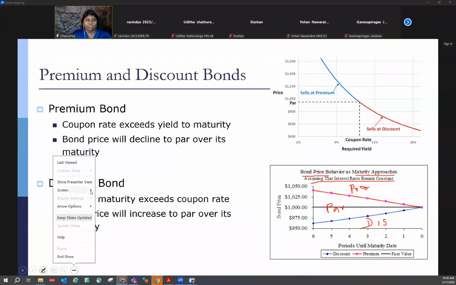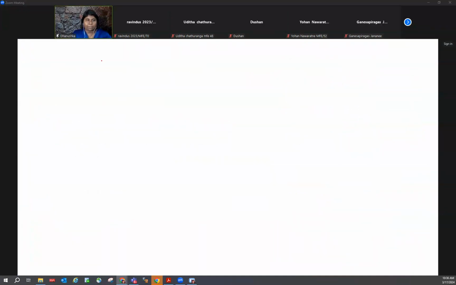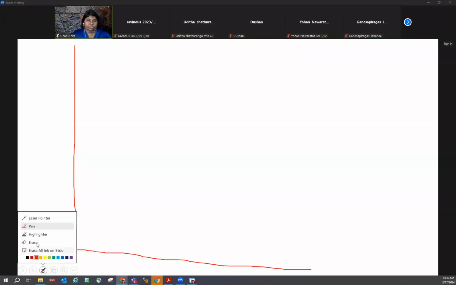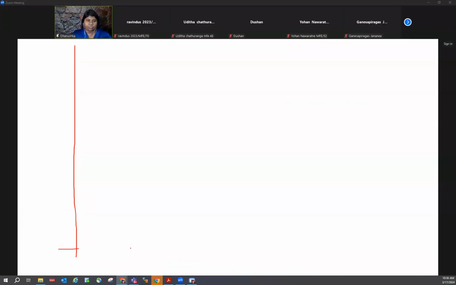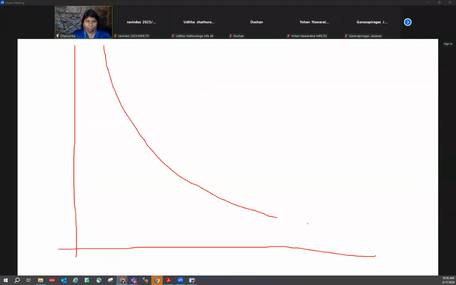You should also understand that original graph that we have. Now, looking back at this graph again, price versus interest rates.